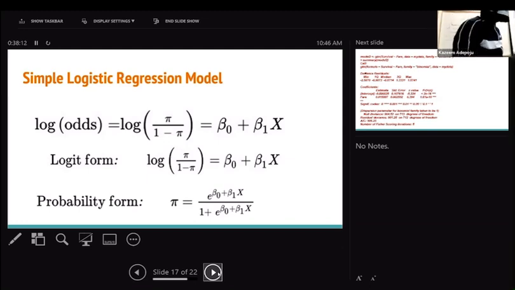Now, why are we using odds? We're using odds because the response variable is categorical. If you apply for a student loan, then there's going to be odds. The odds are the probability of you being considered for the loan divided by the probability of not being considered. That is what we mean. Here, pi is the probability of being considered, and 1 minus pi is the probability of not being considered.